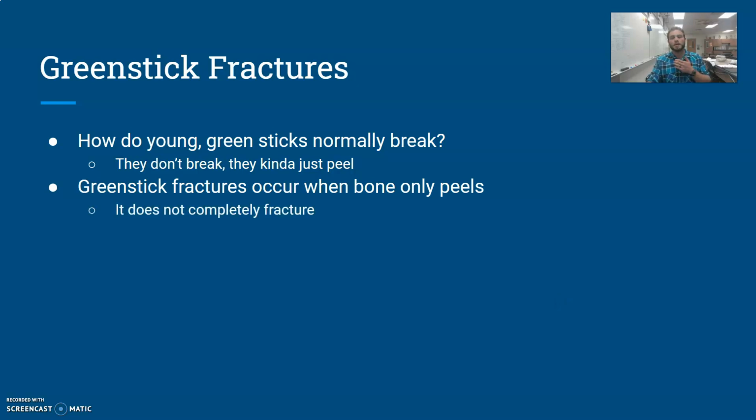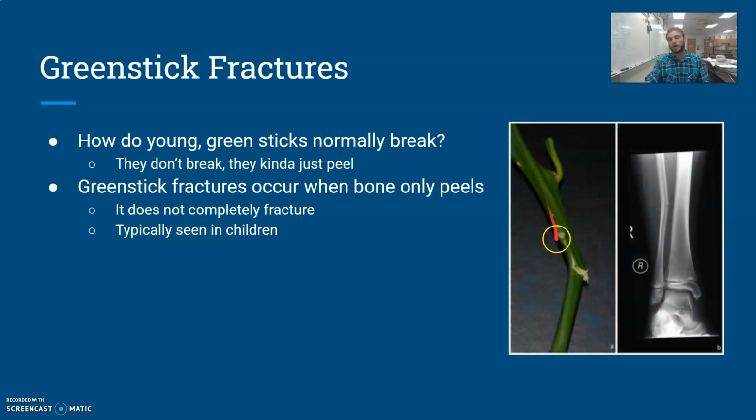So the bone is not completely fractured through, and it sounds pretty gruesome, but actually it's not as bad. Usually we see this in children just because their bones are not as brittle. They have a lot more collagen in them, so that prevents the bone from completely snapping in two. We can see this image here side by side. You can see this green stick, how it snapped kind of halfway through and then begun to peel. And then on this x-ray here, I believe this is a ulna.